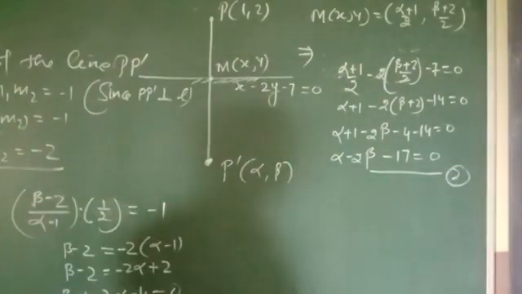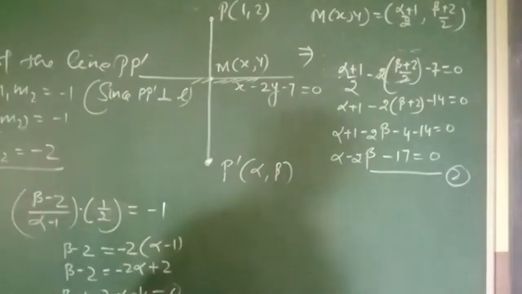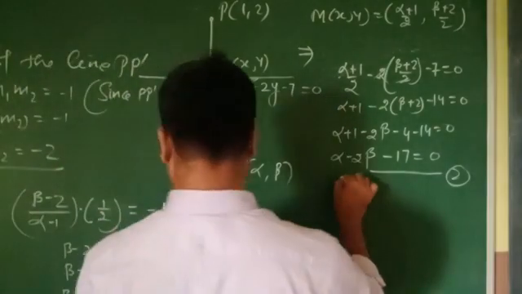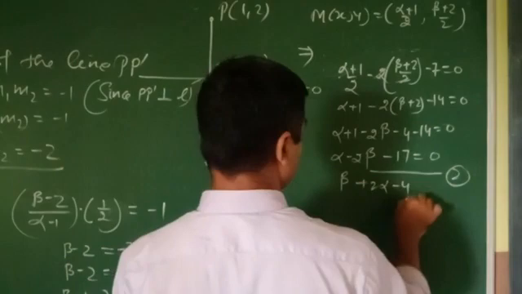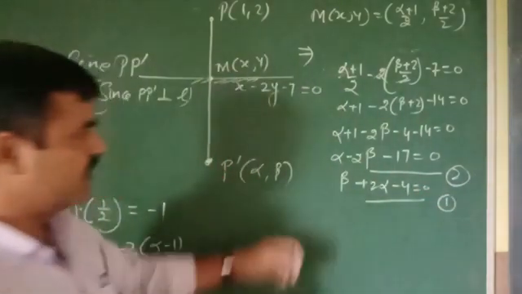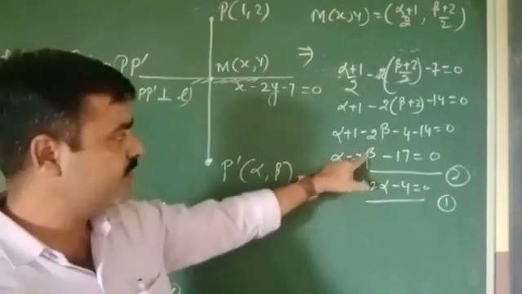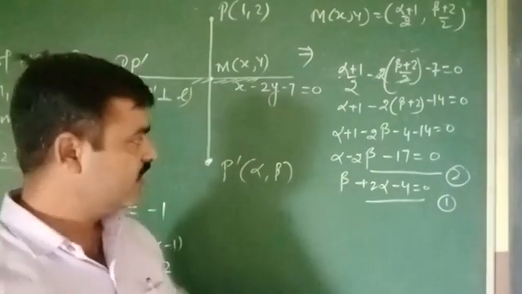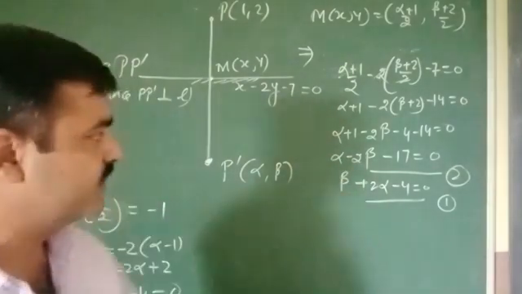Here we have two equations. The first one is beta + 2 alpha - 4 = 0. This is equation one. Now to solve these equations, just eliminate beta or alpha. Here the signs of beta are opposite, so multiply the first equation by 2.